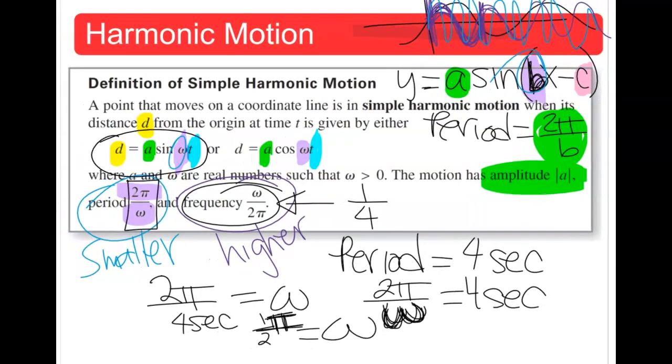And if you were to start from the maximum positive displacement or the maximum negative displacement, then I would recommend that you use the cosine function.